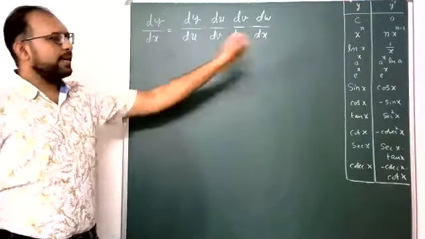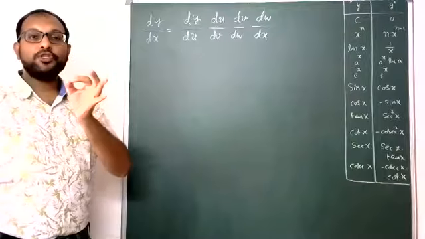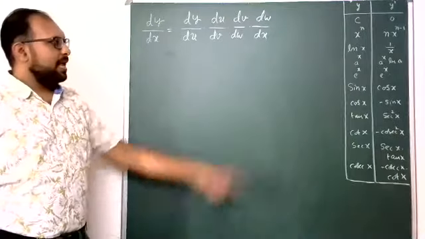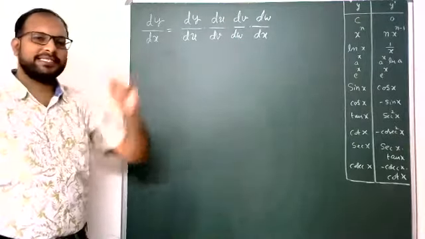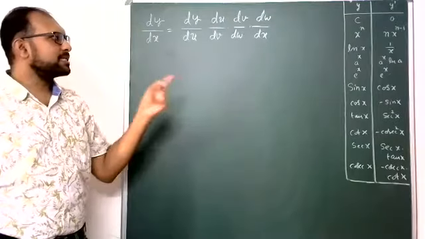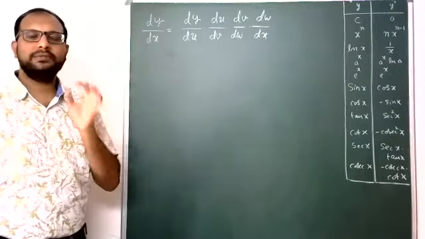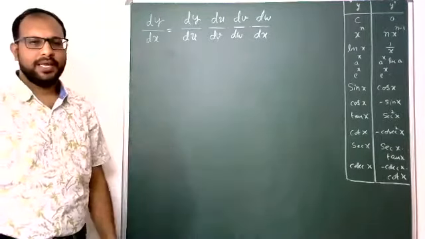Now I am going to one more. Suppose ln x. The derivative of ln x is 1 by x, that is direct.